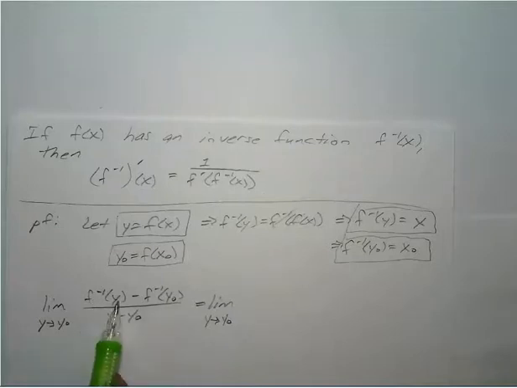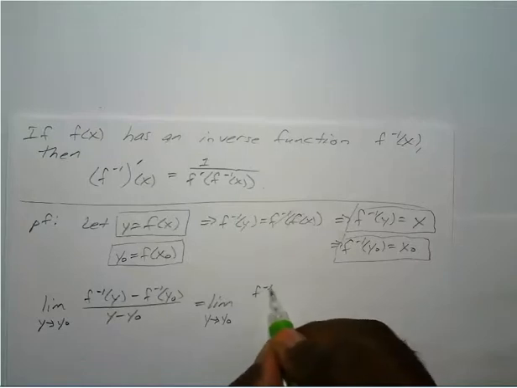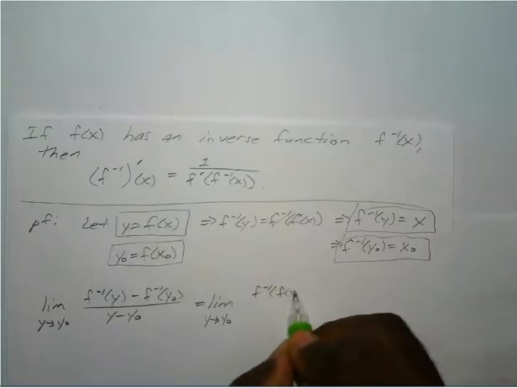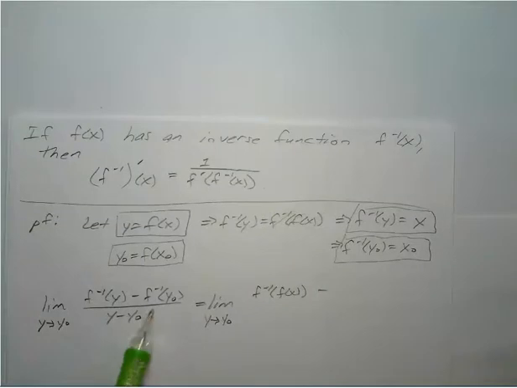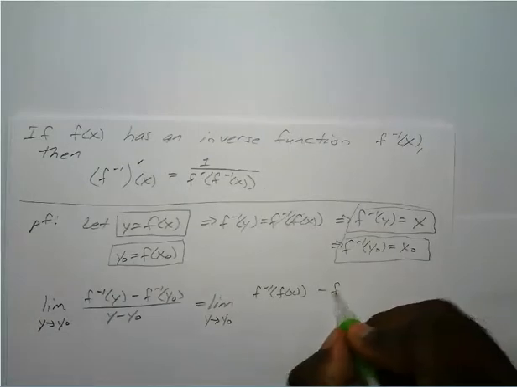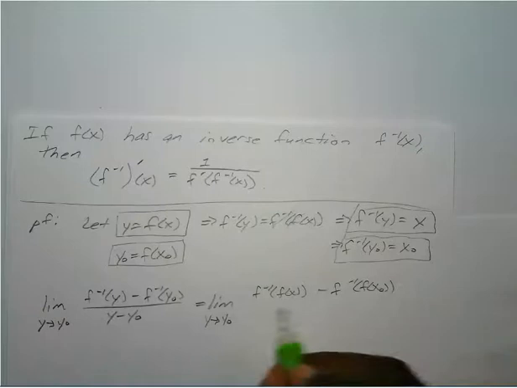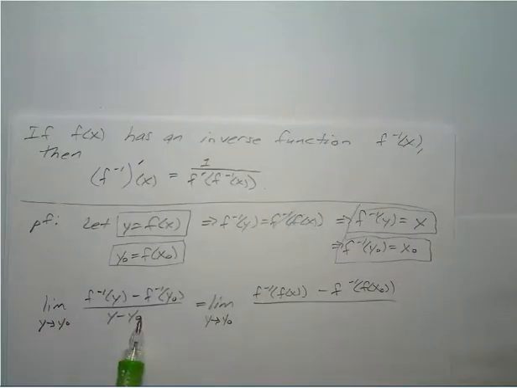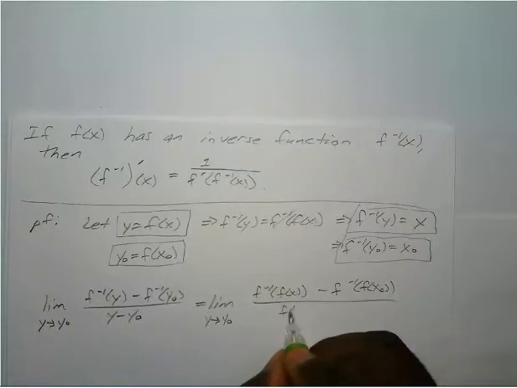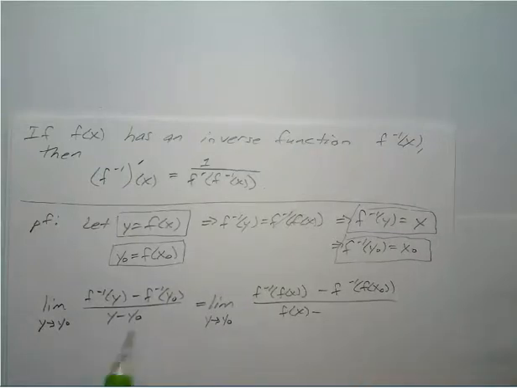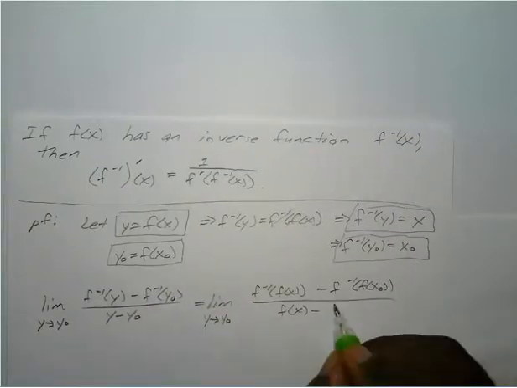Remember, your y is equal to f of x, so f inverse of y becomes f inverse of f of x, minus f inverse of y sub 0, which becomes f inverse of f of x sub 0, all over f of x minus y sub 0, which is f of x sub 0.